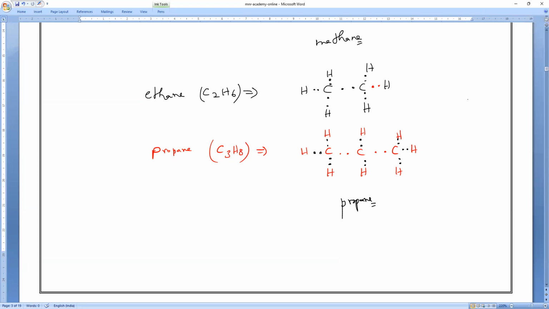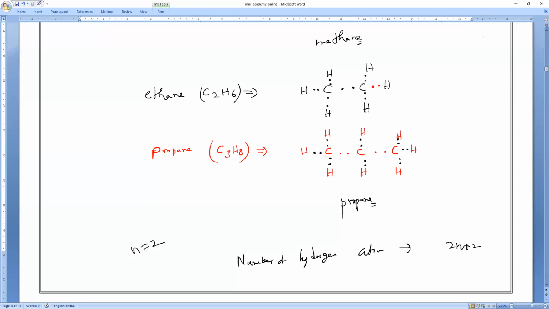What is the general formula of saturated hydrocarbons, everybody? CnH2n+2. Please remember, CnH2n+2. The number of hydrogen atoms is 2n+2.